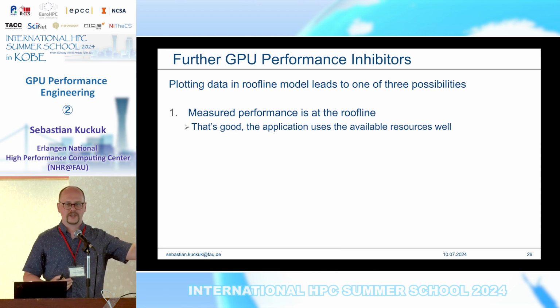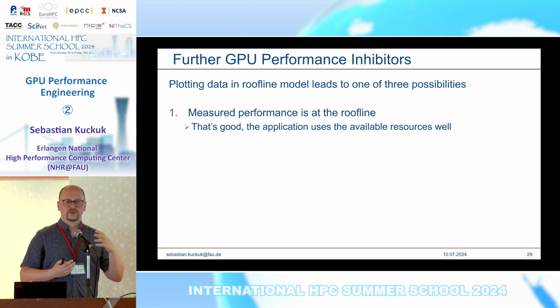And this also gives you a hint where you want to spend your optimization time. So if you can shift that bottleneck, so let's say your bottleneck is computation, you could shift this by doing fewer computations. Sounds stupid, but maybe you can reformulate your algorithm to summarize some of the computations.